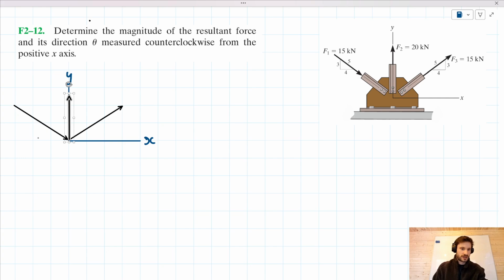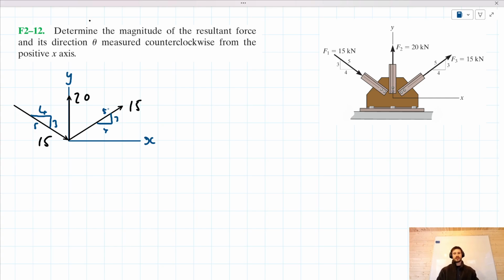That's acting at, sorry, that's not acting at 20 at all. That's acting at 15, that's acting at 15, that's acting at 20. And let's add some geometry to this. So we've got this 3, 4, 5 triangle idea here. And I believe that's everything we need.